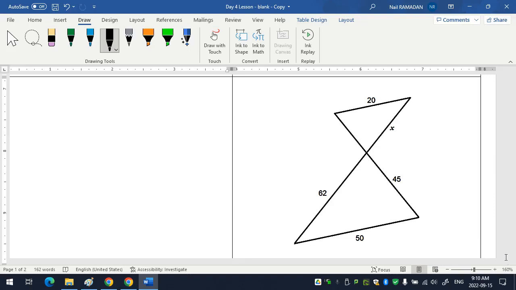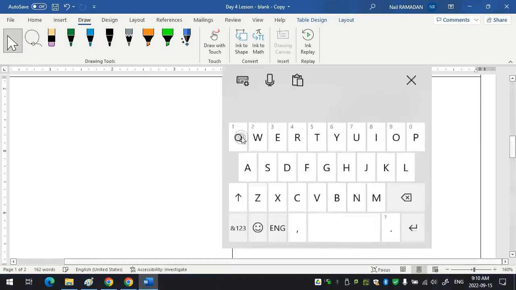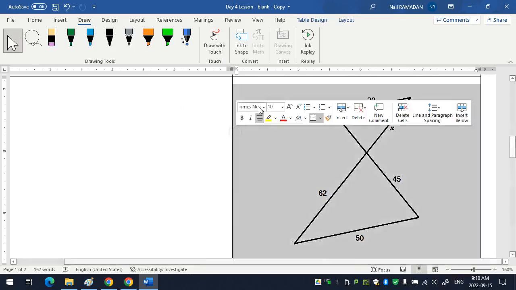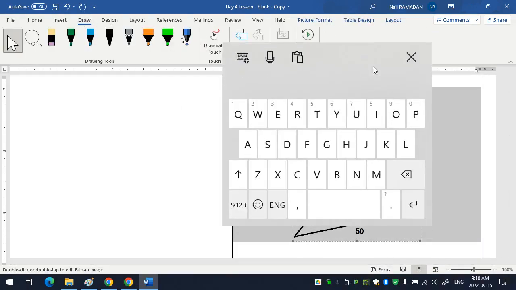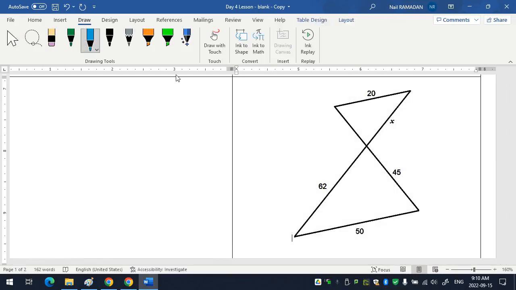Okay everyone, first I have to say that those two lines are parallel, so go ahead and just add a single arrowhead. Let's put some symbols, not the ABC, just symbols.